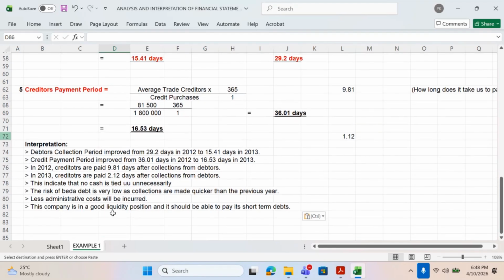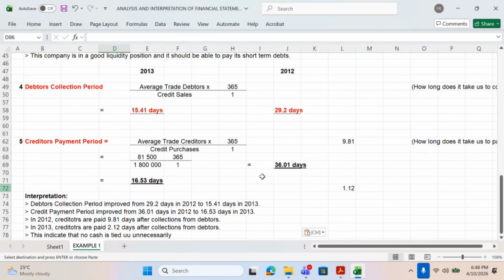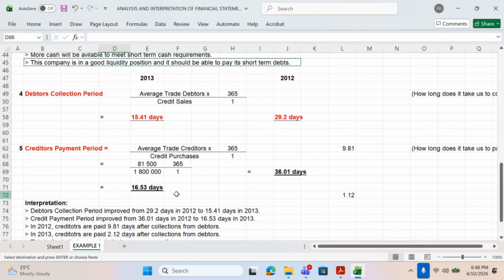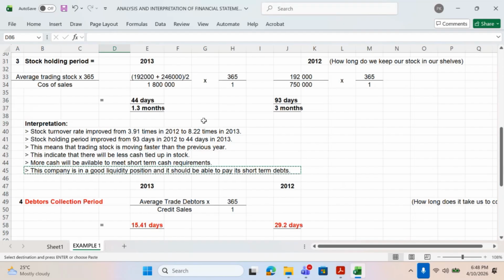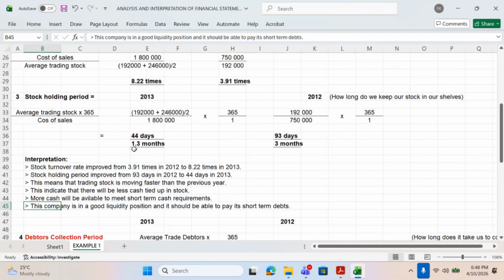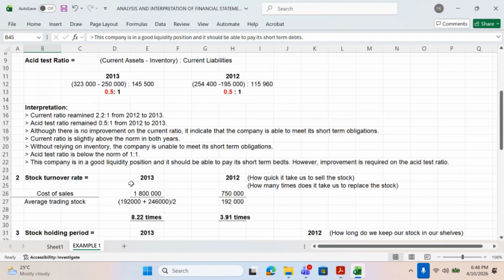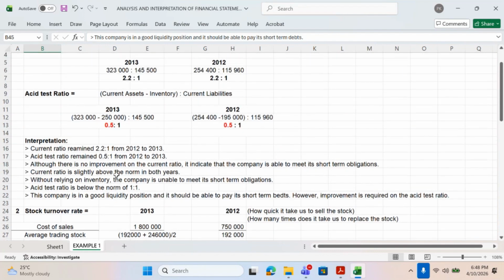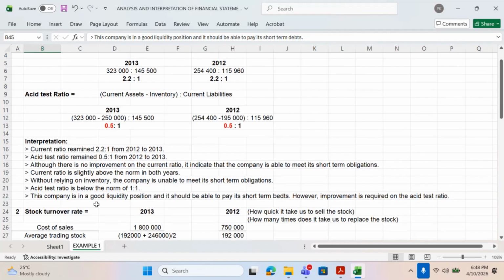This company is in a good liquidity position and it should be able to pay short-term debt. If we're able to collect our cash on time, we have to be able to pay. Even the stock holding period and stock turnover rate, current ratio, acid test ratio, were telling us about a good liquidity position.